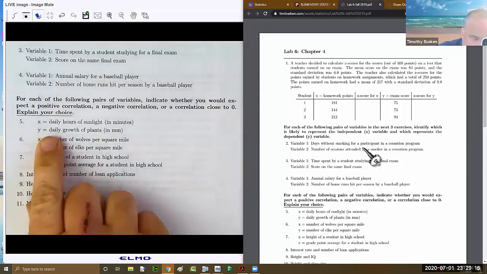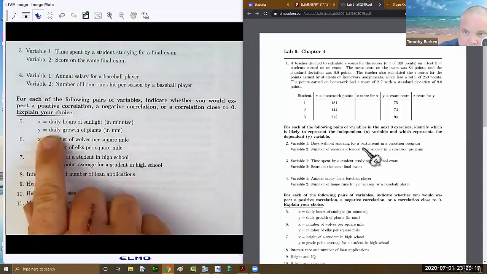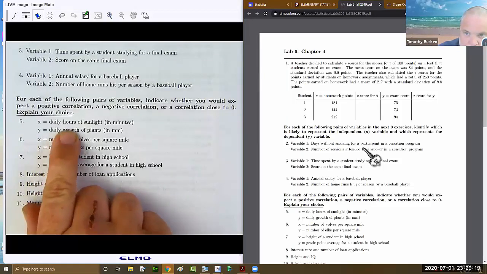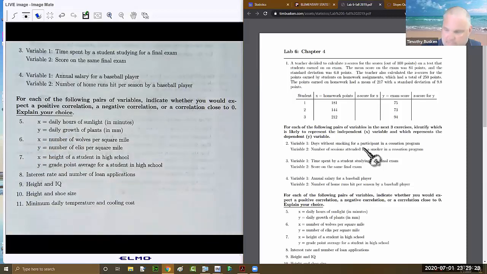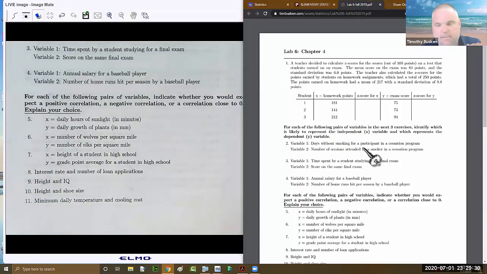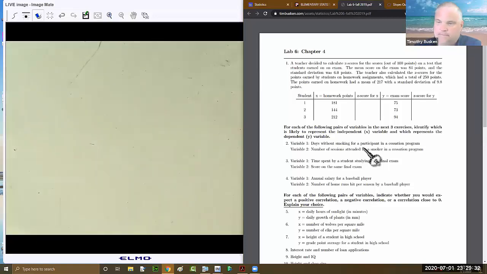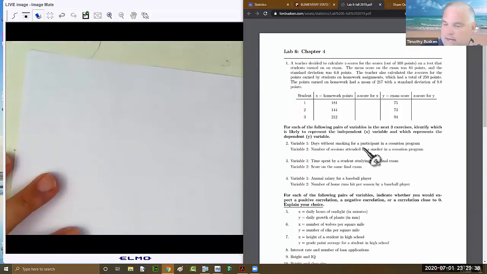I'm going to ask myself, what happens to the y value when x increases? If the y value is increasing when x increases, then I've got a positive correlation. And if it decreases as x increases, then I've got a negative correlation.